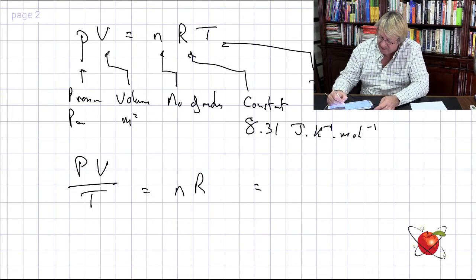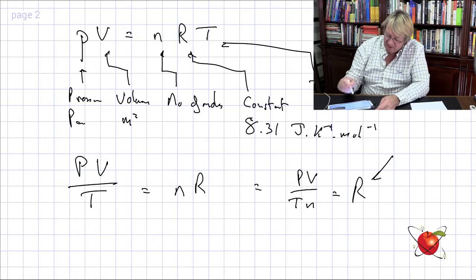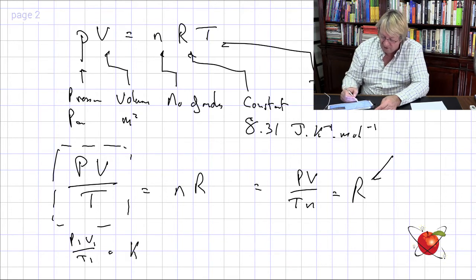That's the same thing as saying PV over Tn is equal to R. That is where the constant R came from. It was the constant of proportionality to make that work. That's where the 8.31 comes from. But just for those of you interested, this piece here is very close to P1 V1 over T1 is equal to a constant. One universal constant that puts them all together.